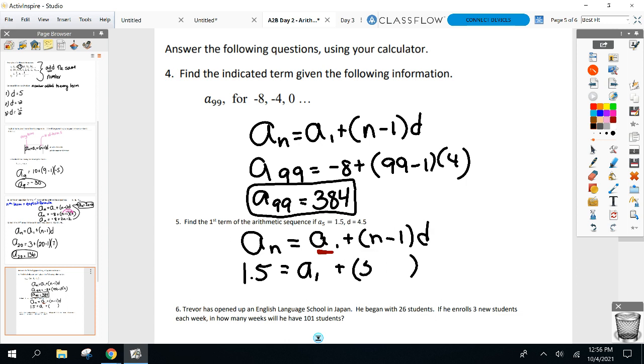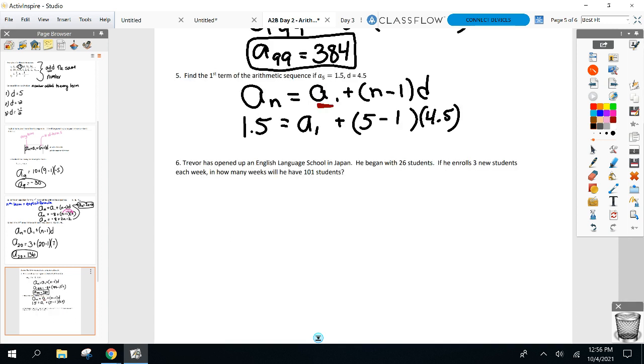So a 5 goes there. Not 1.5. You're not talking about 1.5 terms. This is the term's position in the sequence, 5. Minus 1, and we were told the D value was what? 4.5. Take a look, especially that N value. That's the term number of whatever you plugged in on the left side.